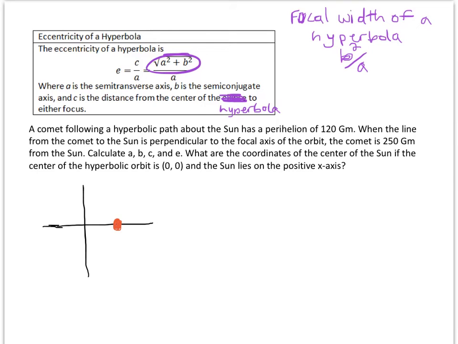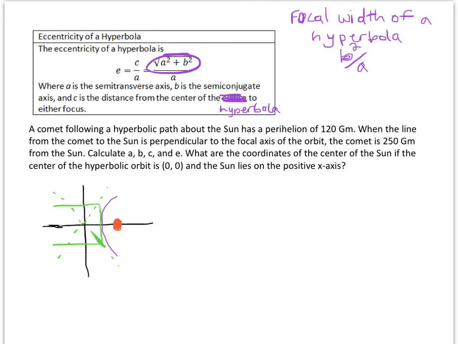Then we have this comet that's following this hyperbolic path, like so. Which means that if we were drawing this graph, we would have a box and asymptotes. My box is not particularly accurate, particularly on the left side, but something like this.